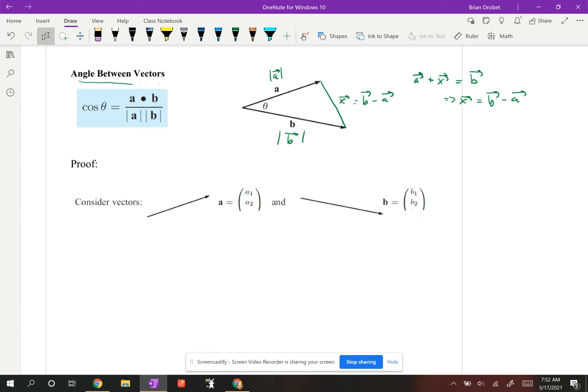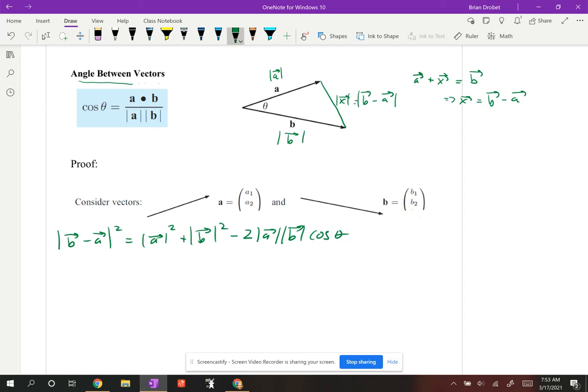The law of cosines tells me that the magnitude of the vector B minus A, that's the length on the far side there, squared, is equivalent to the magnitude of A squared plus the magnitude of B squared minus 2 magnitude A magnitude B cosine of the angle theta. So I'm applying the law of cosines to the triangle you see up above using the magnitudes.